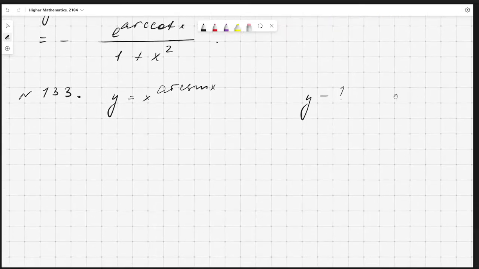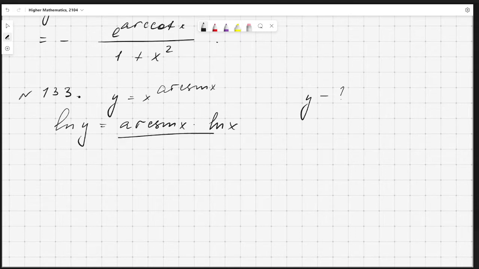Find the logarithm of both parts and use the degree of logarithm. Then we can use the derivative of a product and find the derivative of both parts.